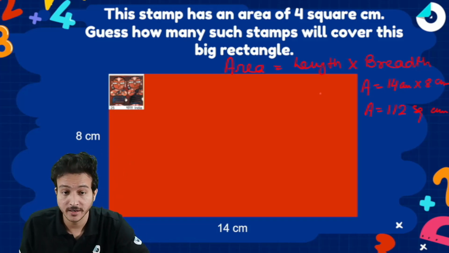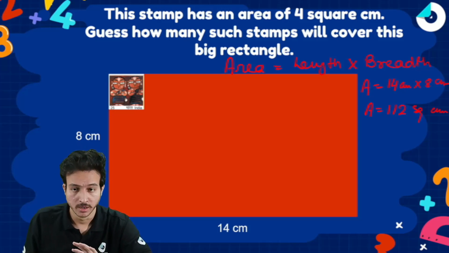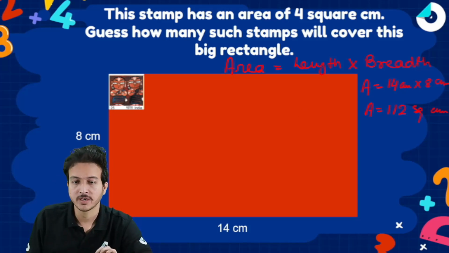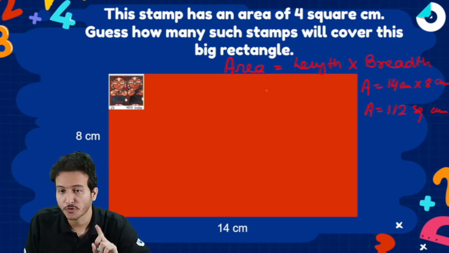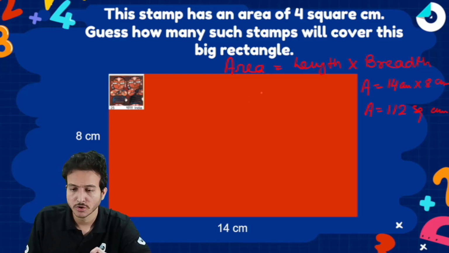Now we need to find the number of stamps to completely cover this rectangle. This 4 square centimeter is the area of one stamp.